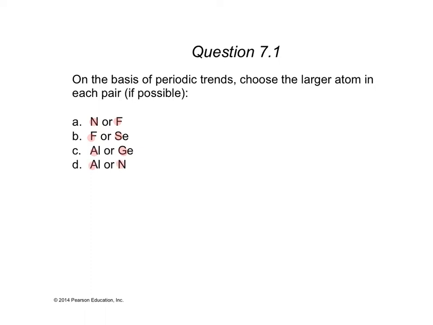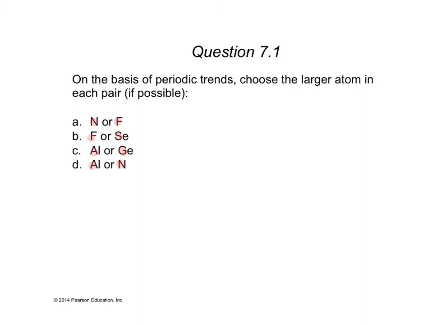D, aluminum or nitrogen. For these, there could be the possibility of saying this one's bigger than this one. You could also be in a position where you couldn't tell on the basis of periodic trends, and maybe you would come into a situation like that in one of these answers. So go ahead and try this and then come back for the answer.